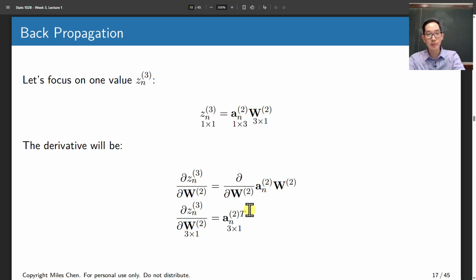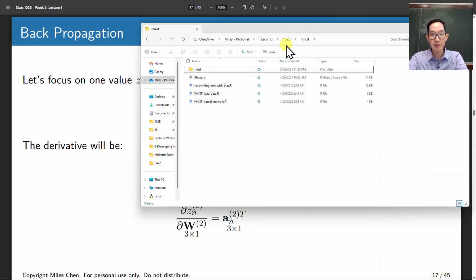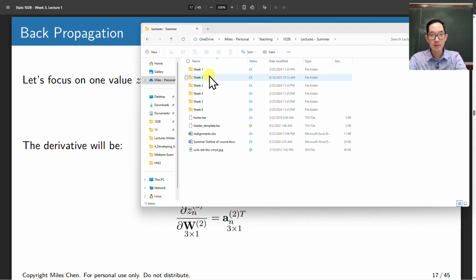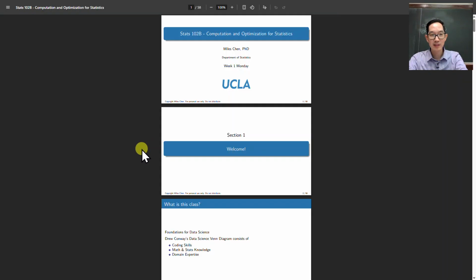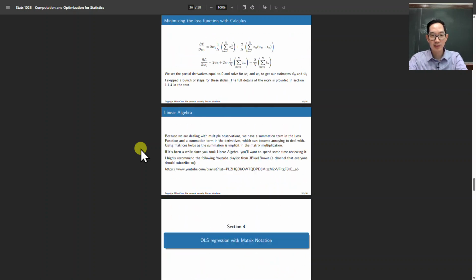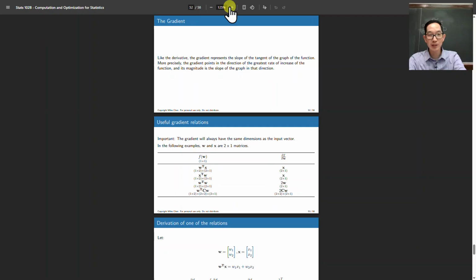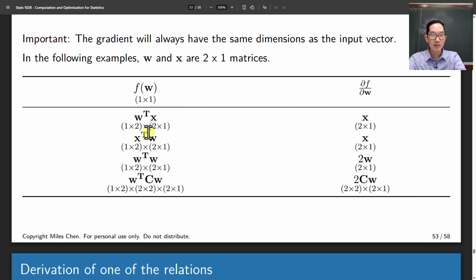So if you remember, where did my useful gradient relations go? Say it's from our very first lecture, maybe. So we have useful gradient relations here. And so if you have basically x transpose w, the gradient with respect to w would be x, okay?